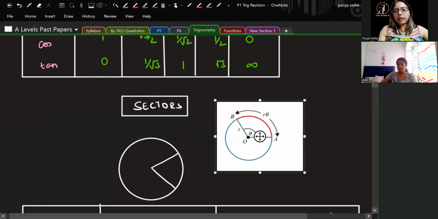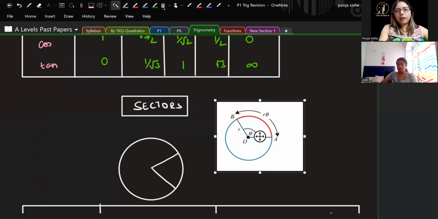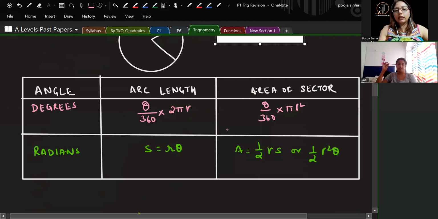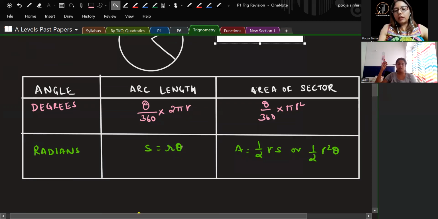As I said, if this part was 1 radian, and up to here it was r, if this becomes 2 radians, then it is r into 2. So if it is theta times, this becomes r theta, and r theta is nothing but the arc's length. So what is the formula for arc length? This arc length is r theta.